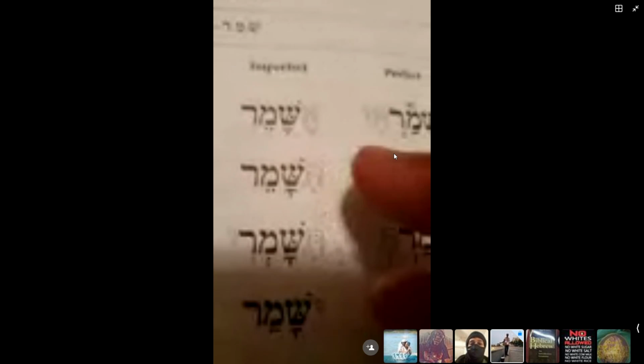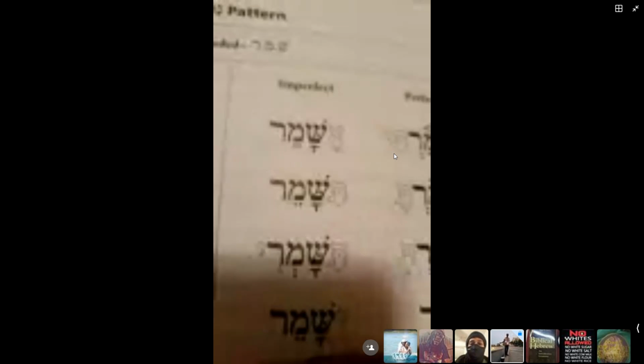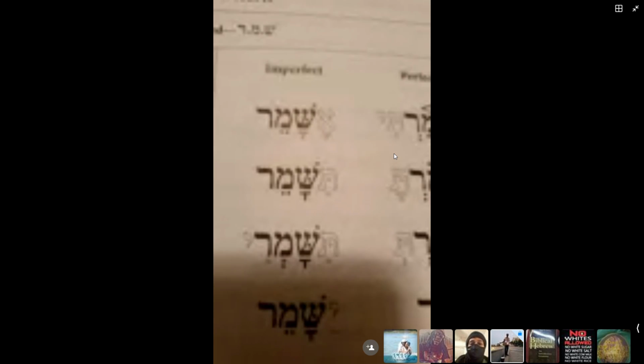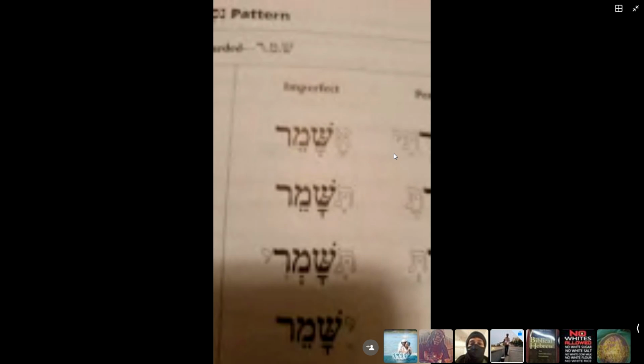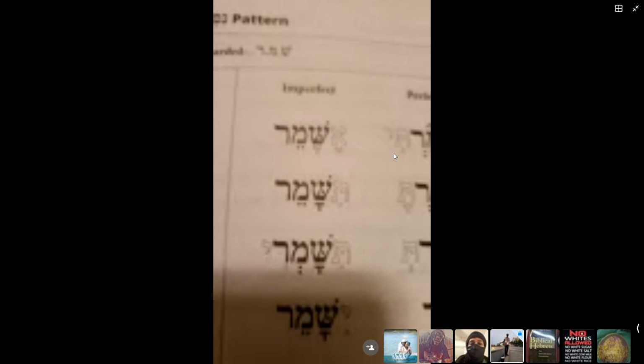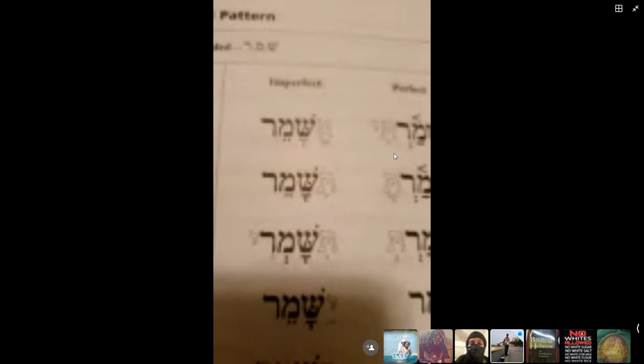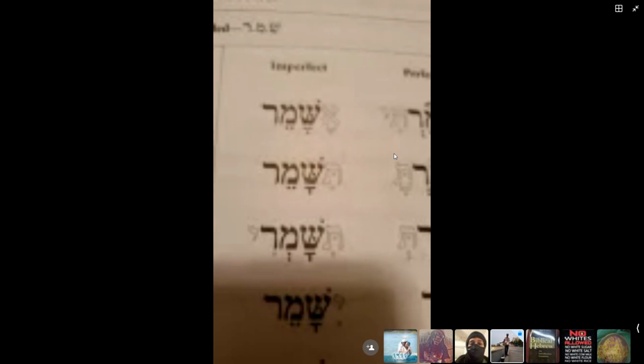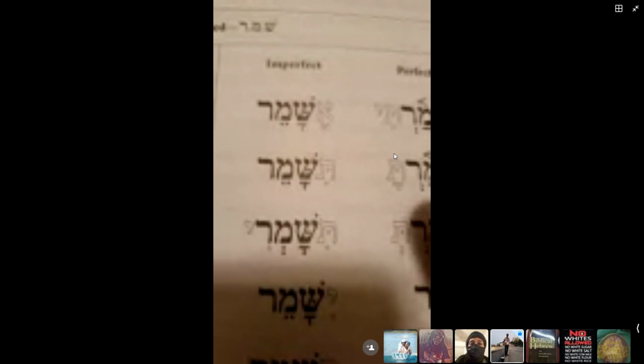So you have three different vowels being used, where other binyanim in their future tense aren't this different. So this one is a little unique in that regard.